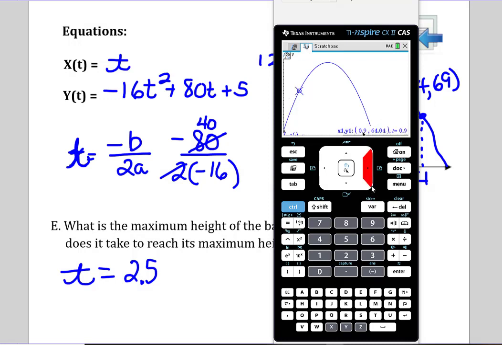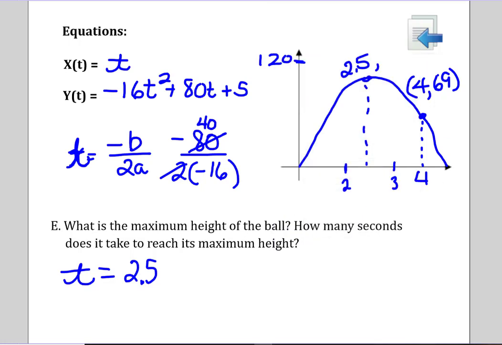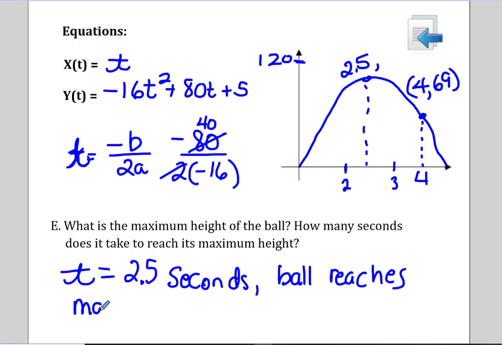I'm watching this little dial down here, to see how close it'll get us to 2.5. 105 feet. So the maximum height would be 105 feet when the time is 2.5. So at 2.5 seconds, the ball reaches a maximum. And that was 105 feet in the air.